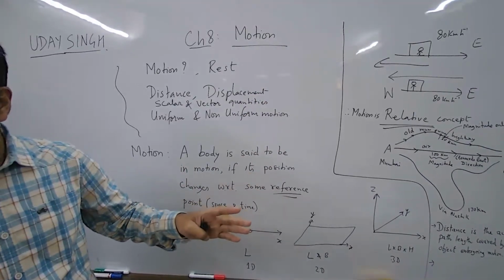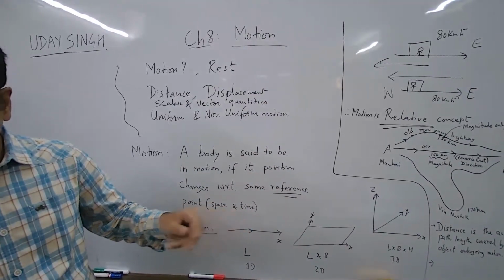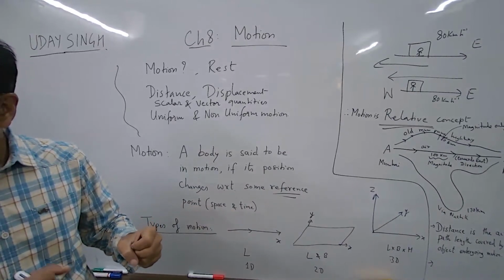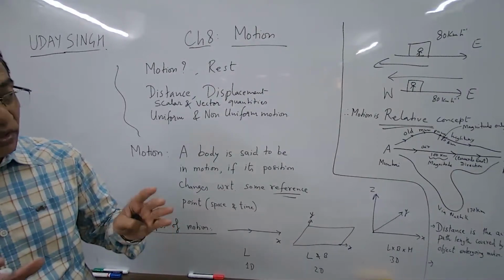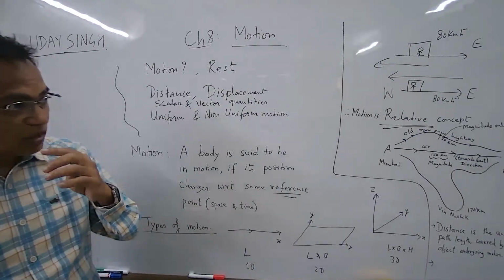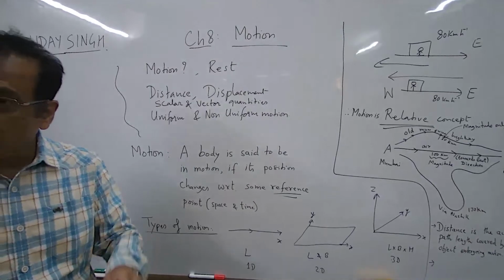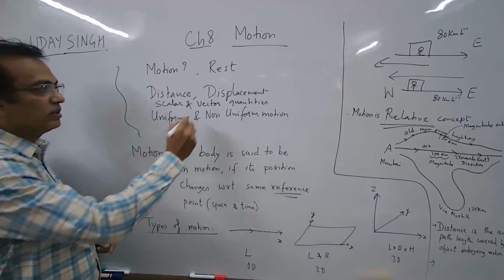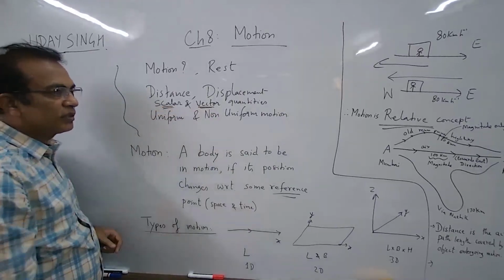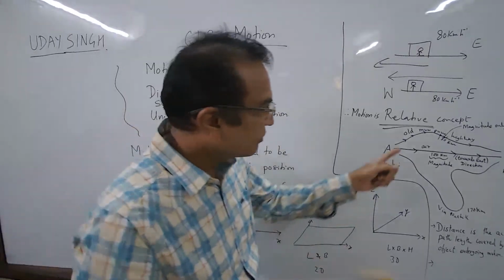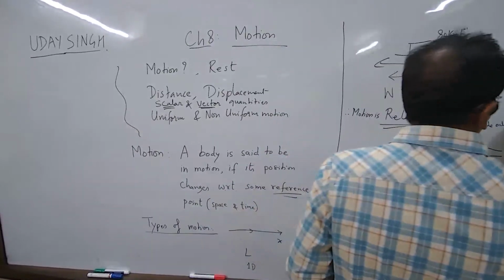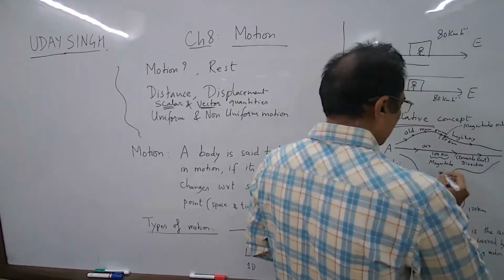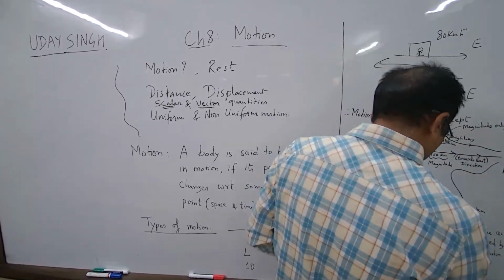But if I say velocity, force, so 20 Newton force in which direction? Okay, so that way. So there are certain quantities which can be described only if you specify both magnitude and direction. Such are called vector quantities. Is it clear? So therefore, distance is a scalar quantity, whereas displacement is a vector quantity.